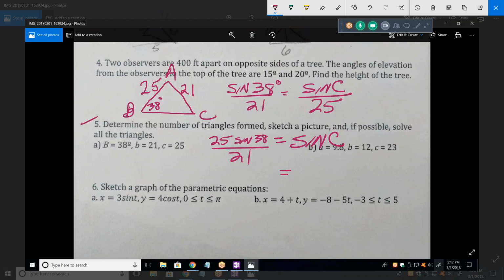Make sure all my parentheses are right. Okay, I got 0.732. Now, that's equal to the sine of C. Now tell me what C is equal to. Under sine, 47.054.